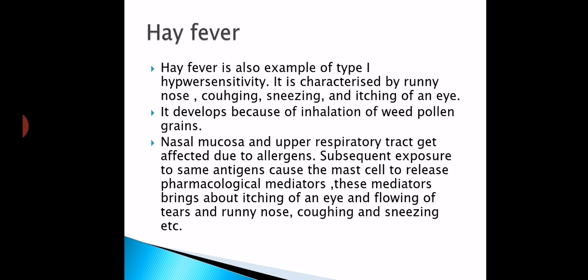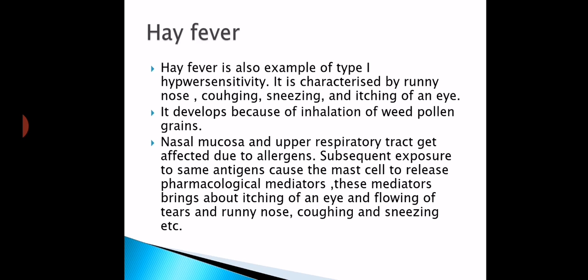And this type of hay fever is developed due to inhalation of weed pollen grains. In particular, hay fever is observed in the summer season because there is high temperature and the grass also gets dried, so the pollen grains become very light. When the pollen grains come in contact with a sensitive person, they are automatically inhaled, and after inhalation of these weed pollen grains, the respiratory tract gets mainly affected.